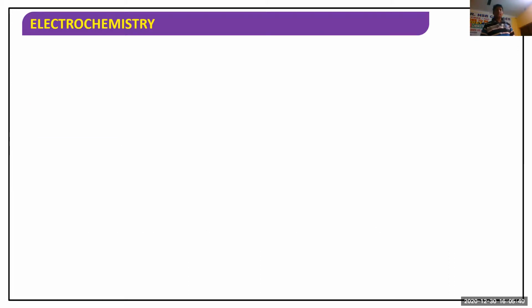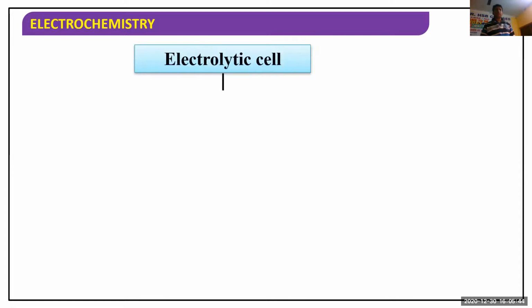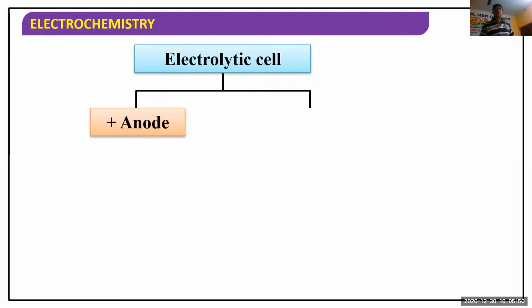In an electrolytic cell, the cathode is negative and the anode is positive. At the anode, oxidation takes place, and at the cathode, reduction takes place.